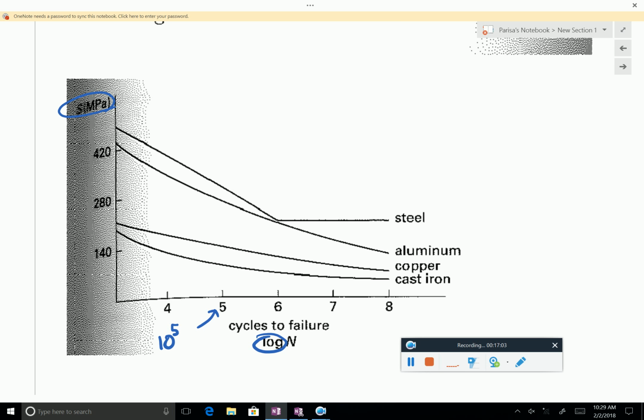What makes fatigue different from the other mechanisms is repetition.